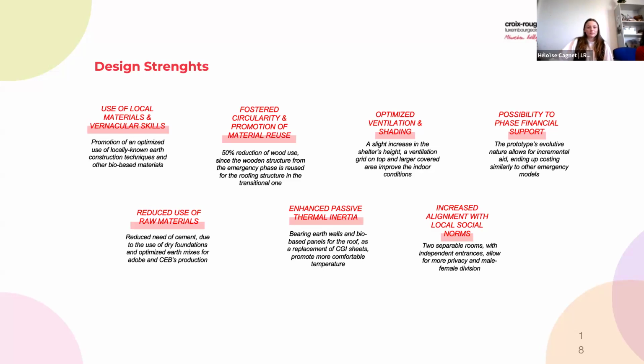And then also a very interesting discovery that falls on the economical sustainability part is the fact that, since this is an evolutive prototype, we can phase out the way we provide financial support, meaning that in the first year when people arrive to the camp, we can provide the materials for the first phase, the emergency phase.